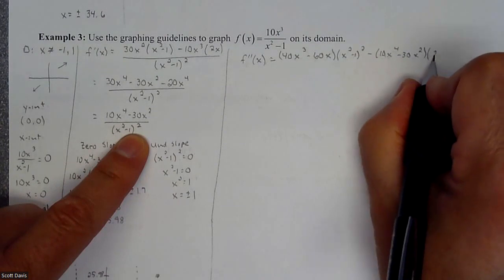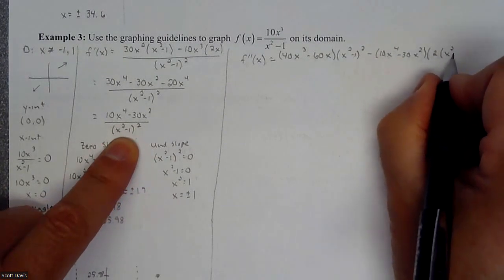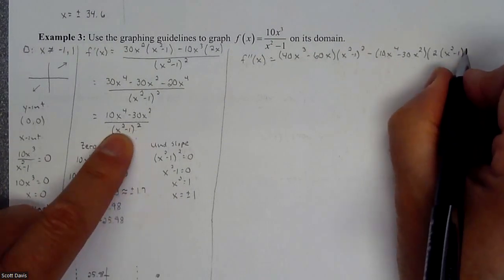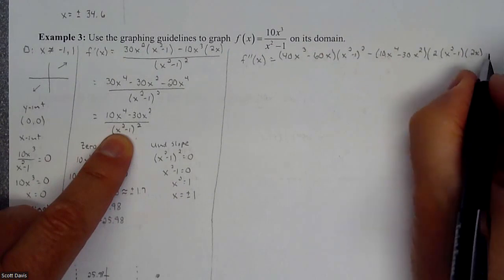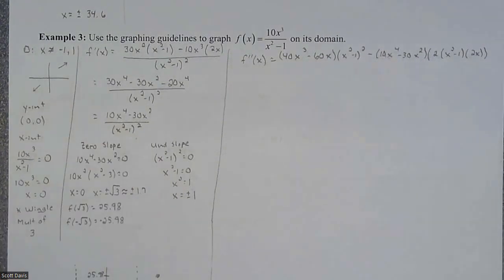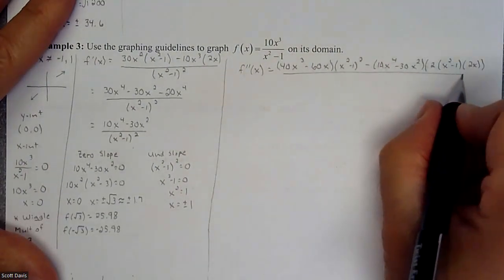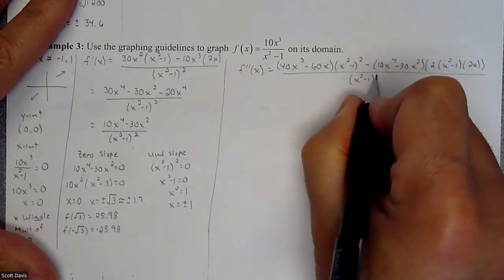So that 2 is going to come in front times the (x squared minus 1). The power is going to go from a 2 to a 1, and then times the derivative of the inside, which is 2x. All right, so there's the top, all divided by (x squared minus 1) squared.